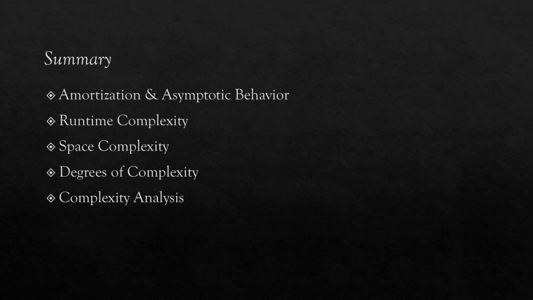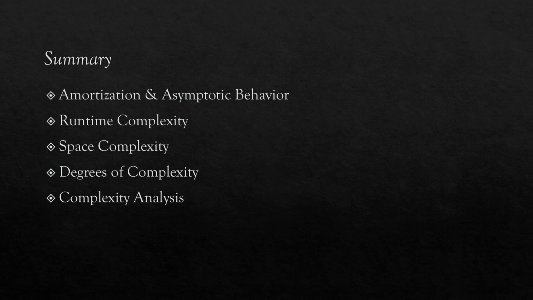In this video, we discussed the analysis of algorithms with various topics like amortization and asymptotic behavior, the significance of higher order terms in measuring the time complexity. We discussed runtime complexity, space complexity, and the trade-off between space and time complexities.